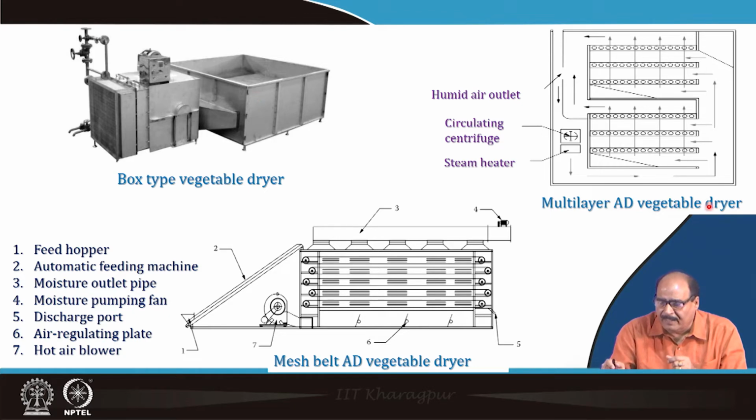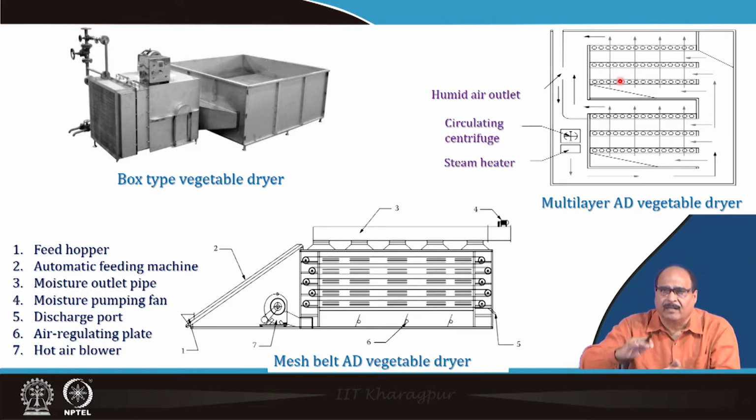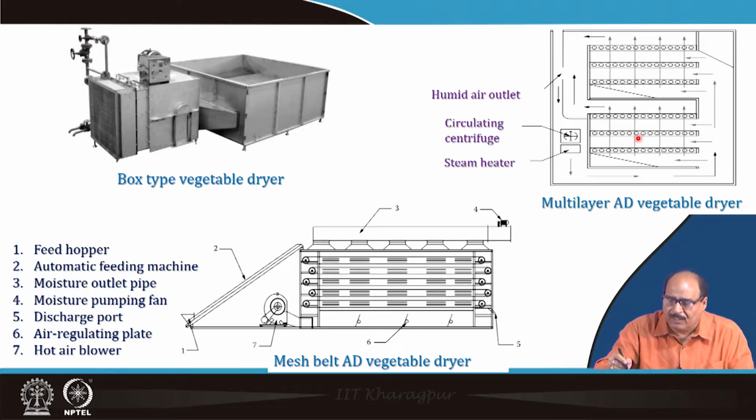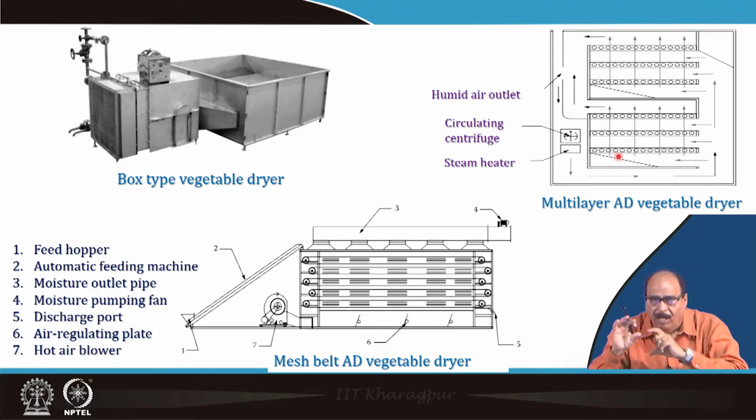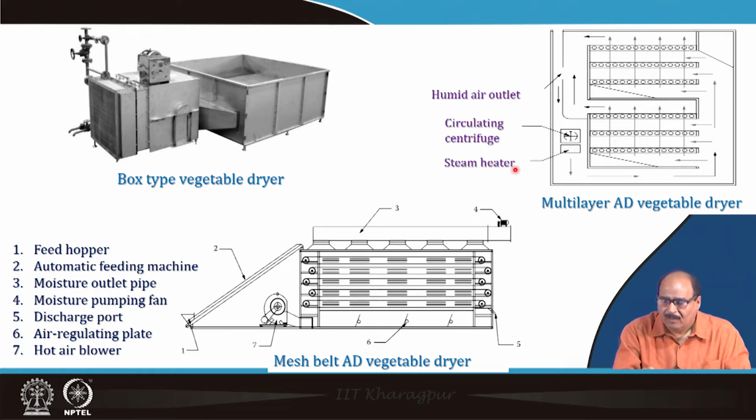Another is the multi-layer air dried vegetable dryer, where you can see the products are shown one above the other layer. The product is loaded into the drying chamber in different layers one above the other, and of course there is a sufficient gap between the layers so that the hot air is going.